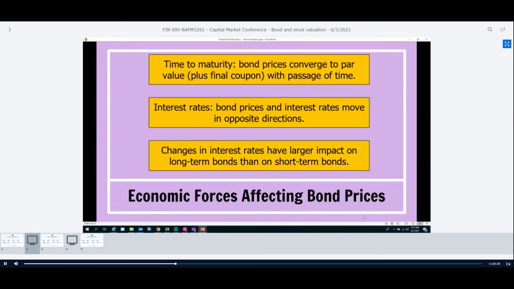In terms of the interest rates, the bond prices and interest rates move in opposite directions. And the changes in interest rates have larger impact on long-term bonds than on short-term bonds. Because usually, the longer the term of the bonds, the higher the interest. Di ba, we discussed the different factors affecting interest rates, and one of those factors is the default risk, or the risk of not being able to pay.